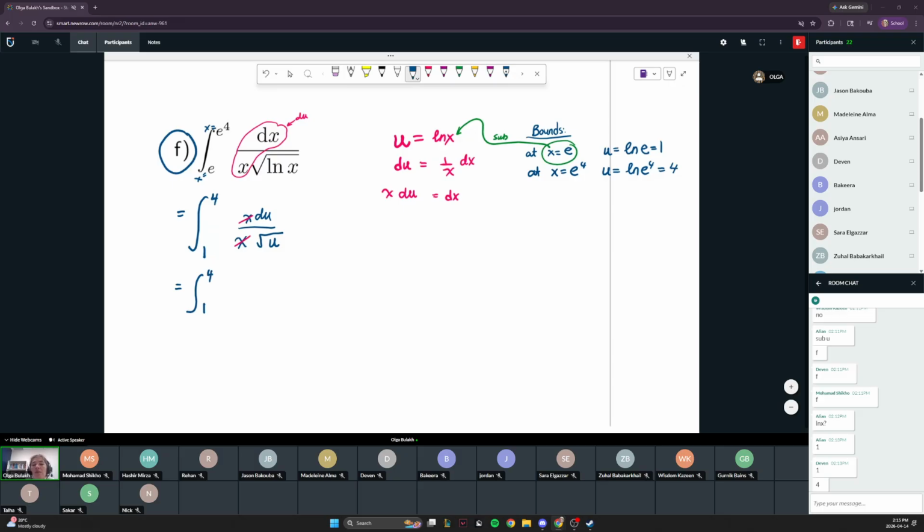Let's say we have the differential equation f prime of x is equal to 3x, and we're also given the initial condition that f of 0 is equal to 7.